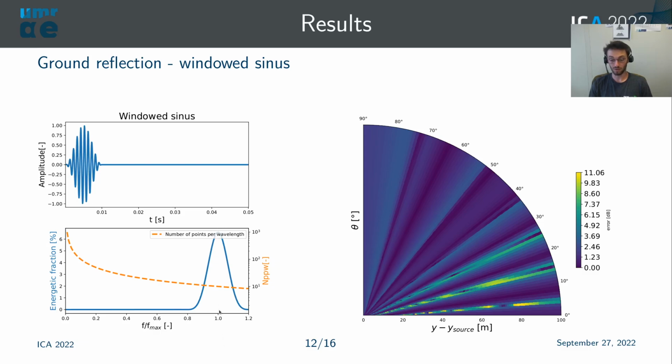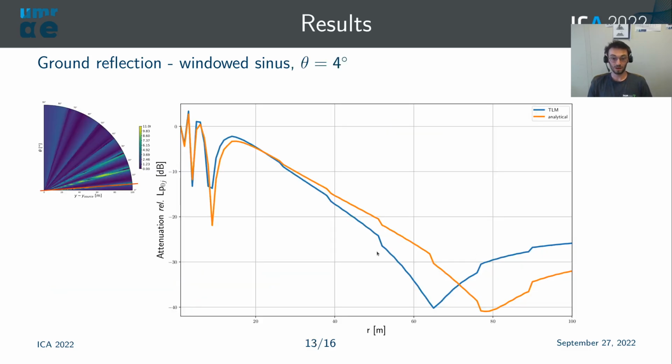centered on the maximal frequency, you can see that we get huge discrepancies between the numerical simulation and the analytical solution. Here it's in more detail why we have these discrepancies, and you can see at this angle that the peaks of attenuation are misplaced.